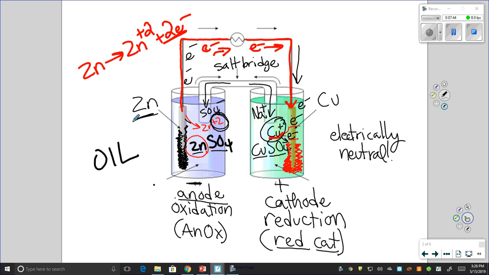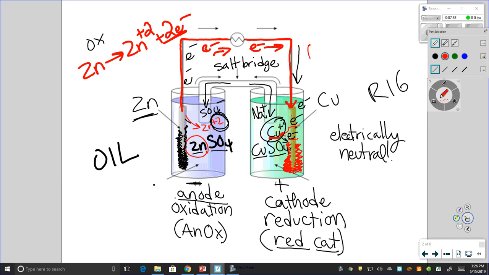Okay, now our oxidation reaction was this. Over here we've got our reduction. Remember RIG. Our reduction equation is going to be Cu2+ plus 2 electrons yields Cu in its free state.